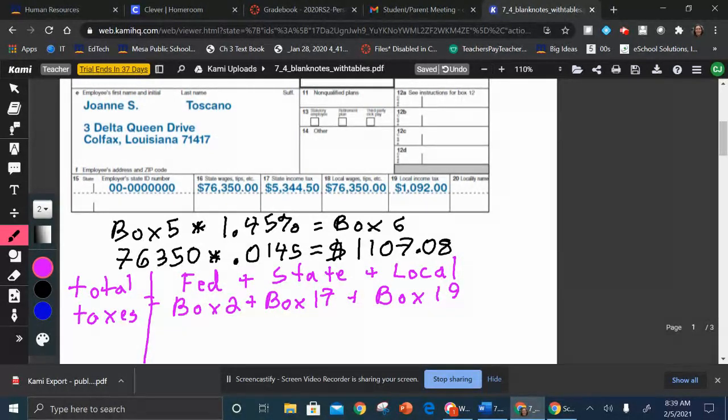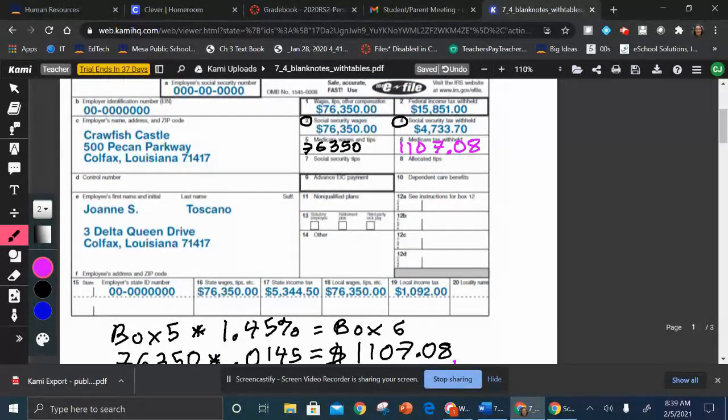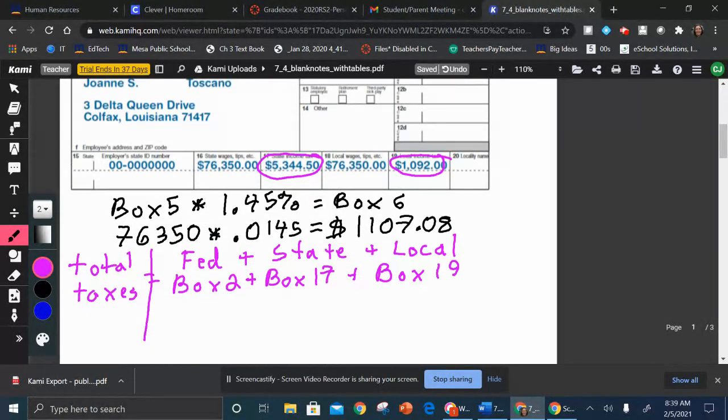Okay, so you look on here, so we're going to go look back. So box 1, do you all see that was the $15,851. Box 2 was the $5,344.50. And then local income tax was the $1,092. Okay, so we're going to add all those together.